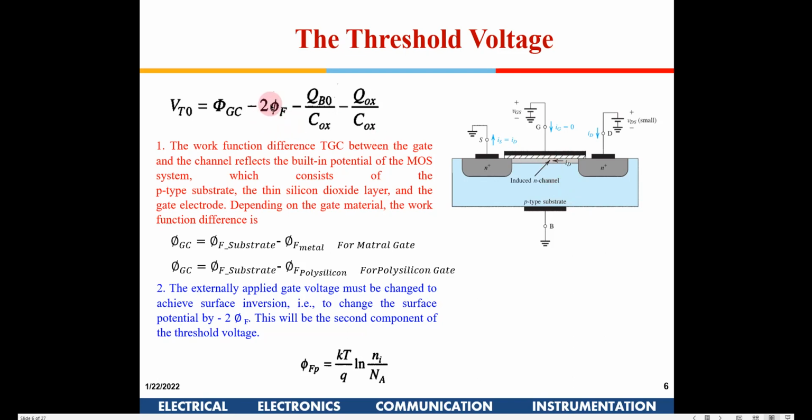That is given by 2 phi f. This minus 2 phi f indicates the total voltage required to push the holes back and get an equal number of electrons there. The formula for phi f is kT by q ln Ni by Na.